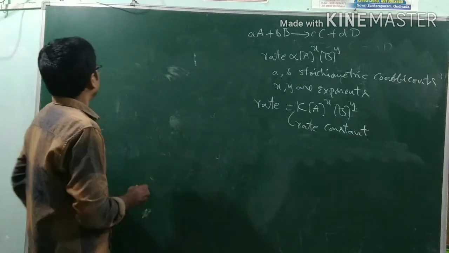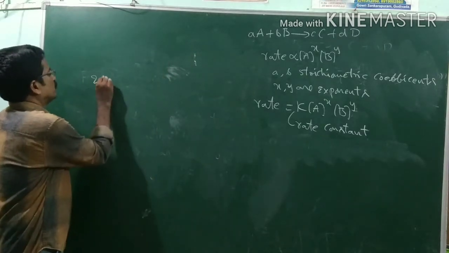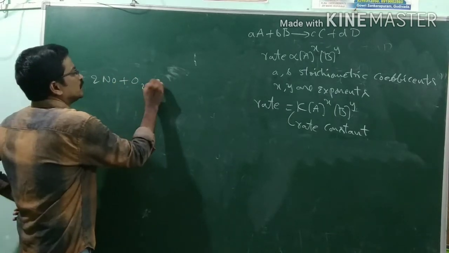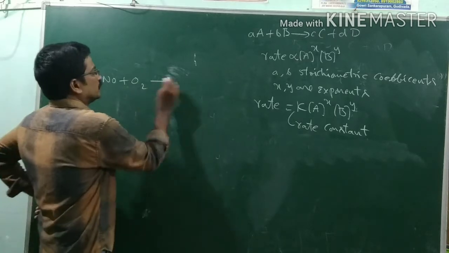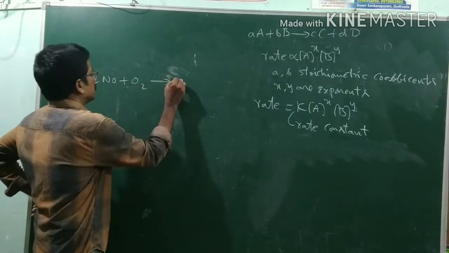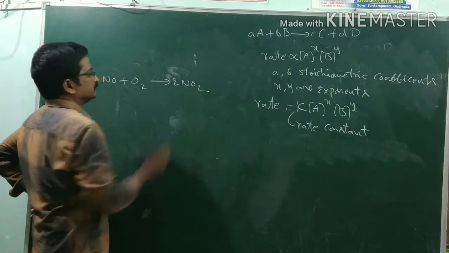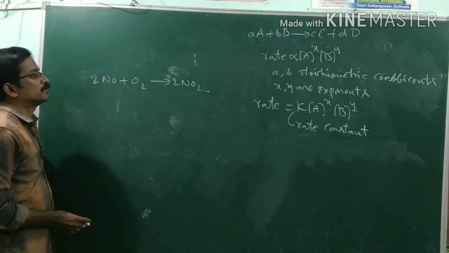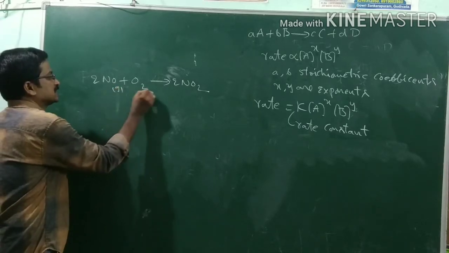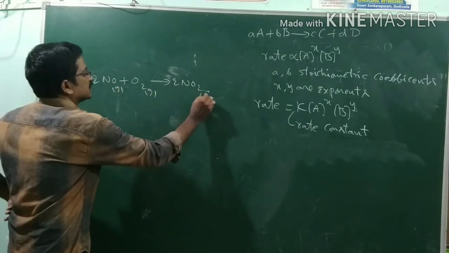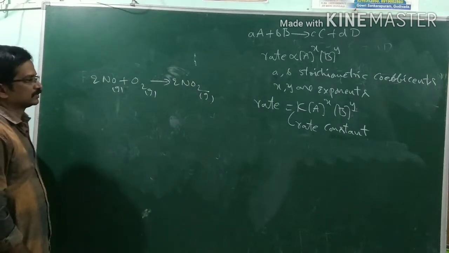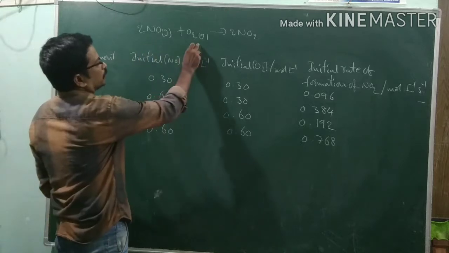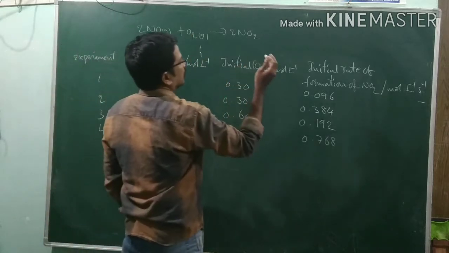Write a chemical equation: 2NO plus O2 gives rise to 2NO2. This is gas, and this is also gas. How to calculate the exponents?